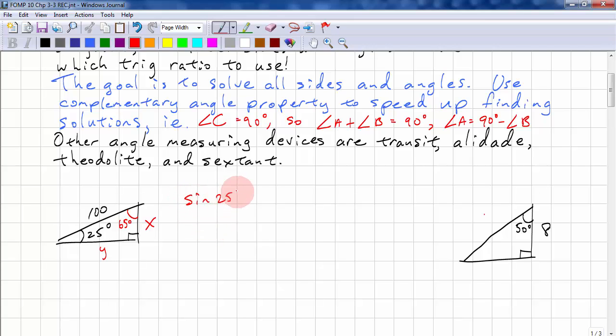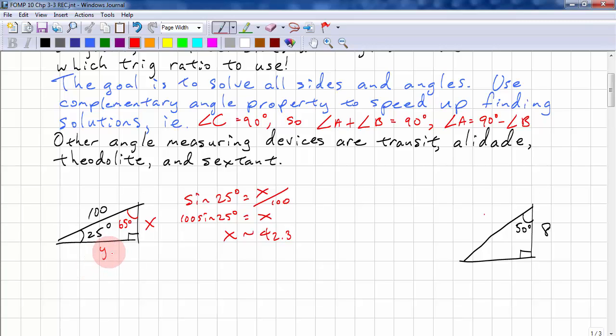Sine 25 equals x over 100. x equals 100 sine 25, so x is approximately 42.3. Again, no units, so we don't need units here.